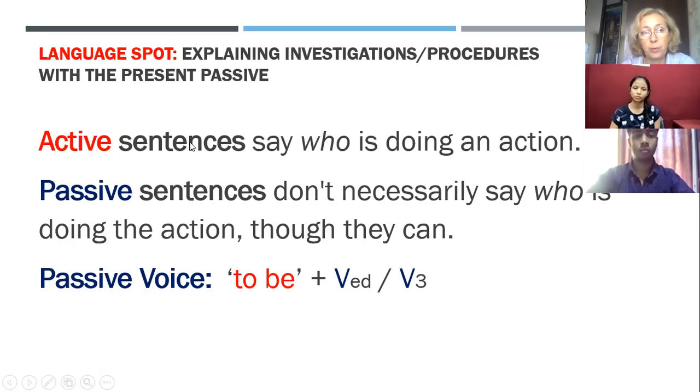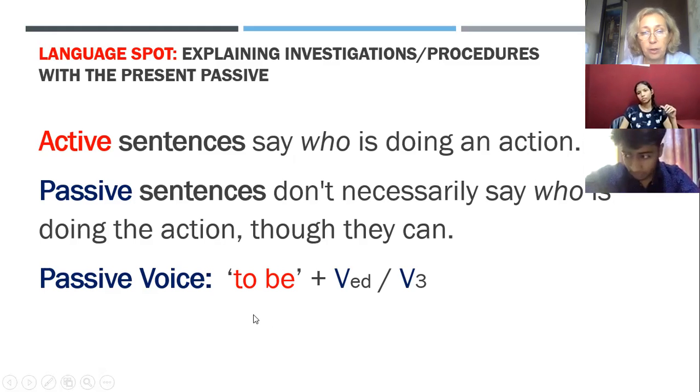So if we speak about the present simple passive, it consists of two parts. The first part is the verb to be in the present simple, and the second part is the verb in the form of the past participle. If, for example, it is a regular verb, let us say play, yes, it's regular.